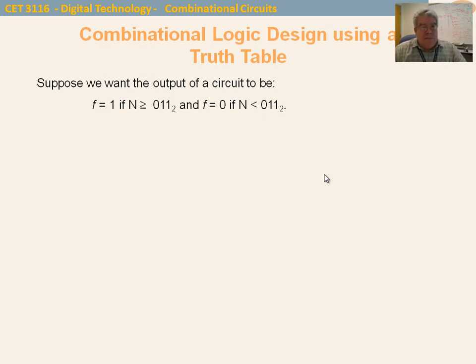So for instance, let's suppose that we have a circuit, and we want to have a 1 in the output whenever the number that we are reading in the input is greater or equal than 011, which is 3, and 0 otherwise if it's less than 3.